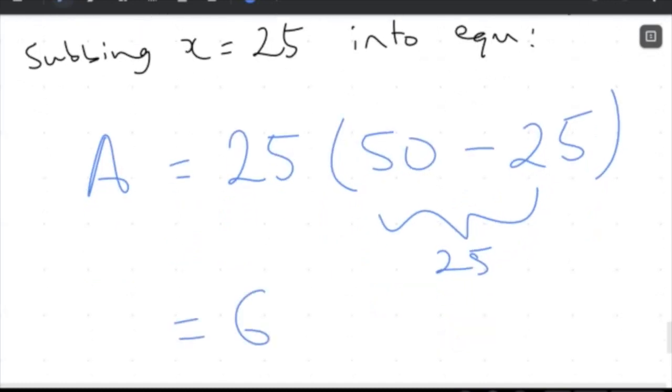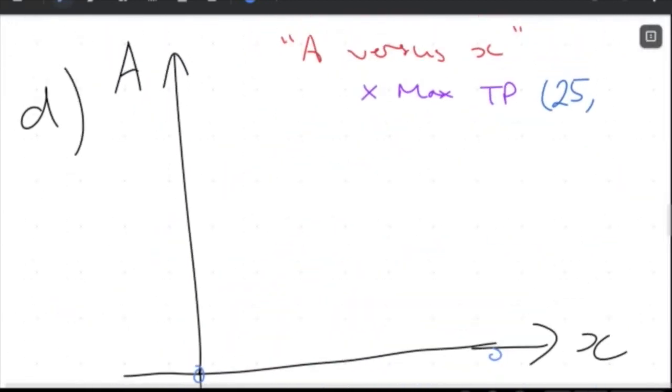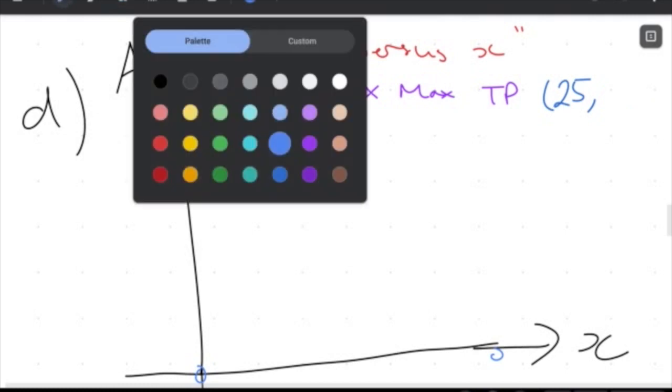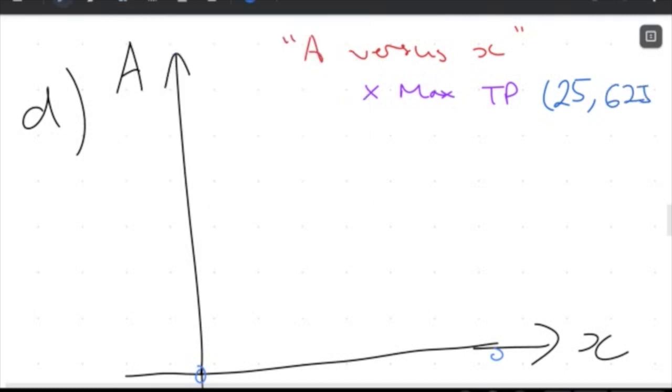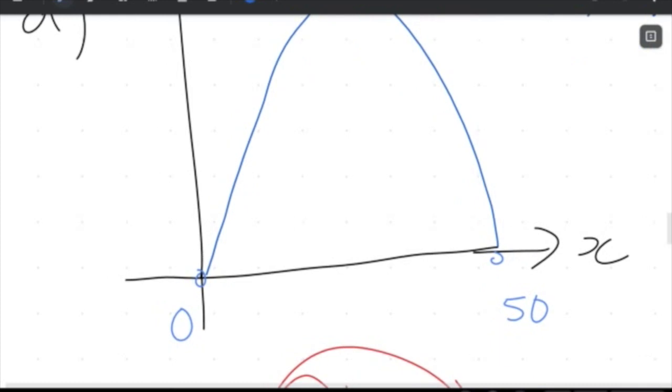And that gives me 625 here. So that is a really big A-coordinate. That's going to be my A-coordinate here. So my parabola that is modeling this particular measurement is going to look something like that. So we have sketched the graph of A versus x for the suitable values of x.